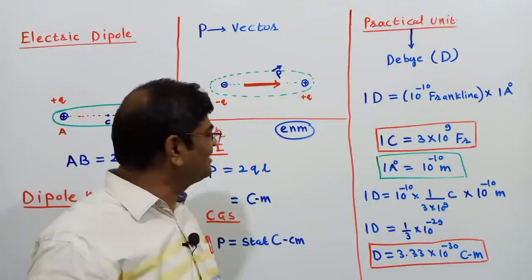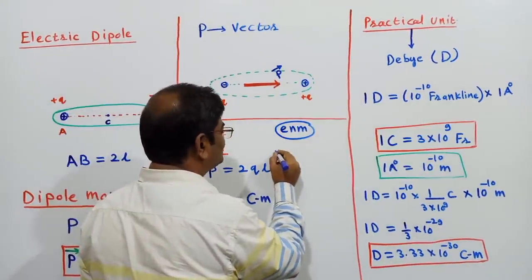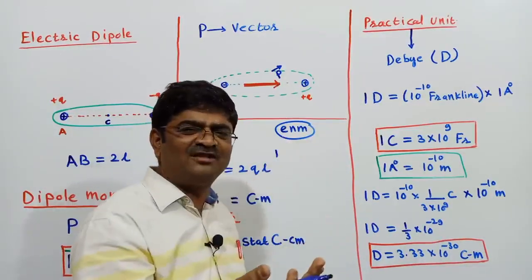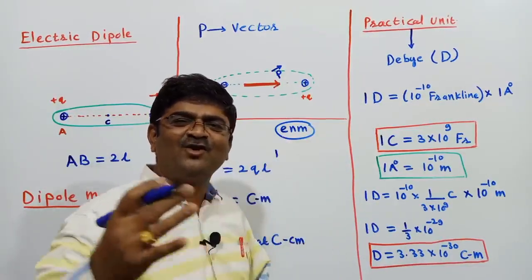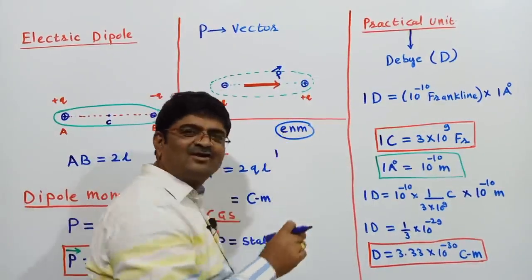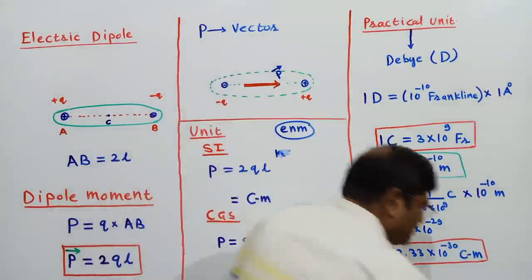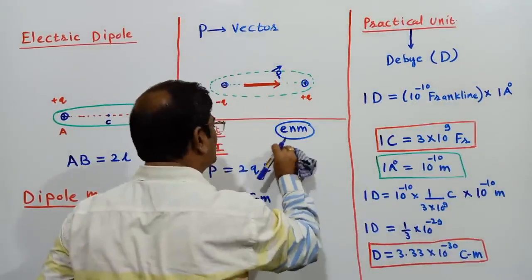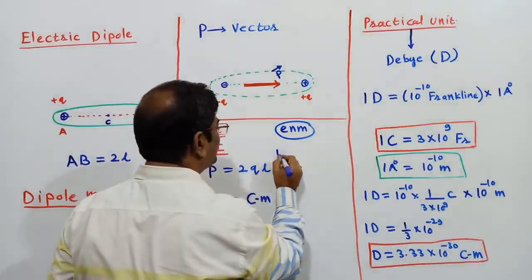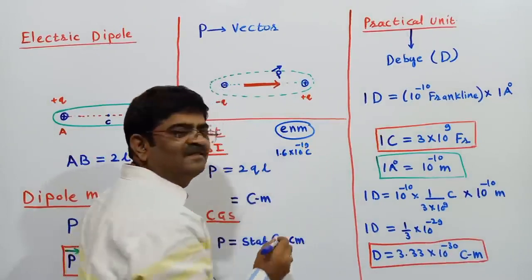So things are very clear when I write it in that way. Electron, you know how much it is: charge of the electron. See how the name is given. Electron nanometer. Charge of the electron, how much is that? 1.6 into 10 to the power minus 19 coulomb.